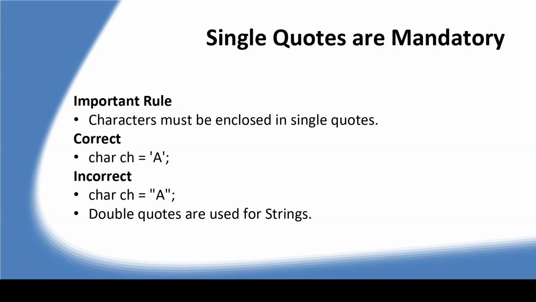So the correct declaration and initialization will be char ch equals to single quotes A, and the incorrect will be char ch equals to double quotes A, because if we use double quotes then it will be treated as a string, but here the data type which we are using is char.